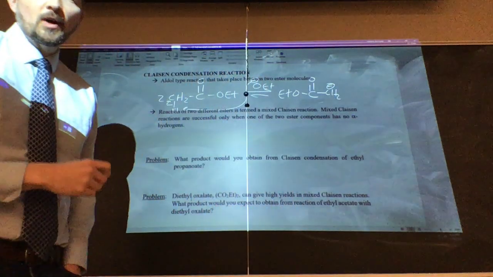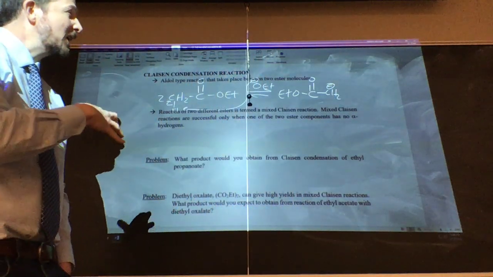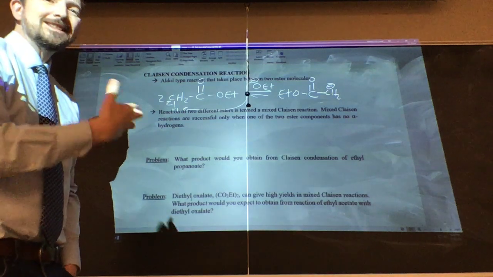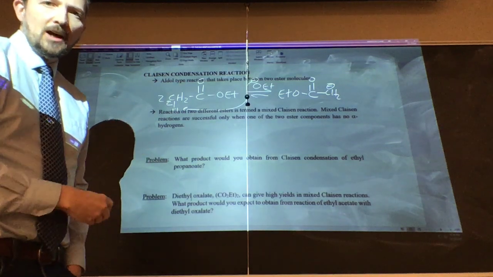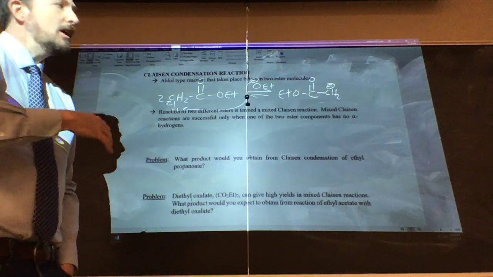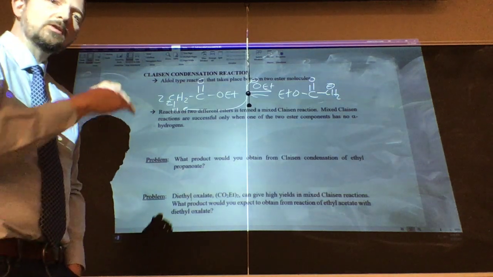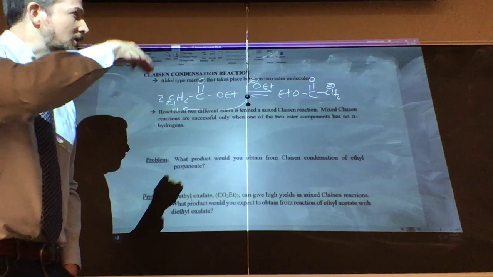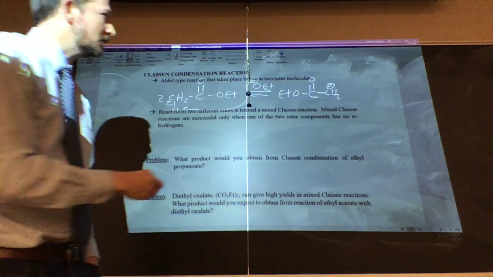Just like with the aldol reaction, that makes a nucleophile, so a second molecule can now behave as the electrophile. Remember the carbonyl is a polar covalent bond, so the electrons are pulled closer to the oxygen, making a partial positive on that carbon.